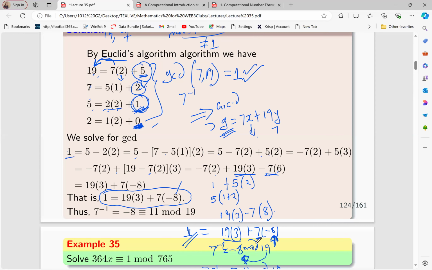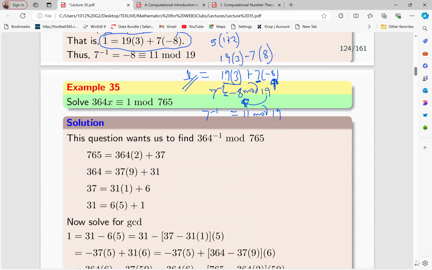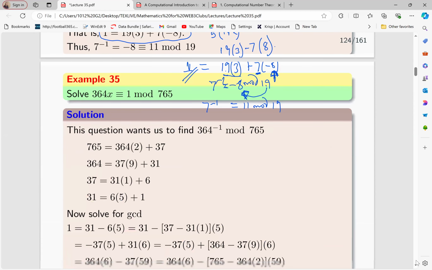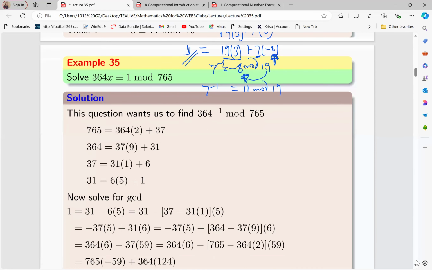So that will be the function of the mod inverse function. Then, of course, we have the main function that will have these two functions calling each other. You look at this example later. It's the same process, just what we've done.